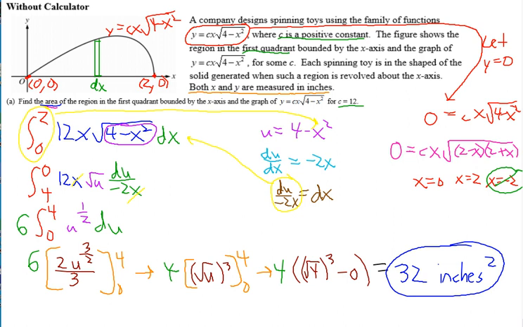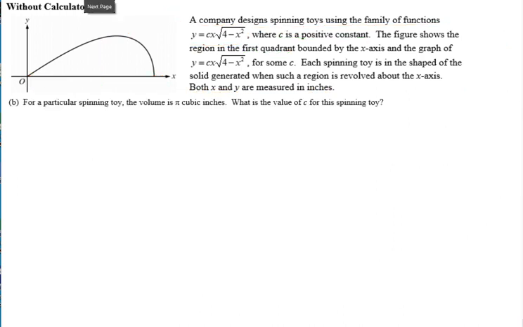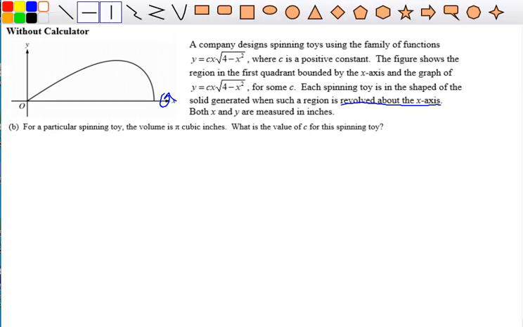All right, then let's take a look at part B. So here we were just focused on the area of this 2-dimensional shape. But now in part B, we're going to actually look for a particular spinning toy. Remember the spinning toy is generated when its region is revolved about the x-axis. So now we're actually revolving this around the x-axis here. And we can use our same rectangle.